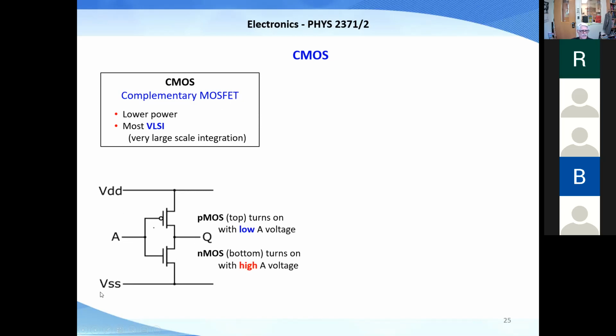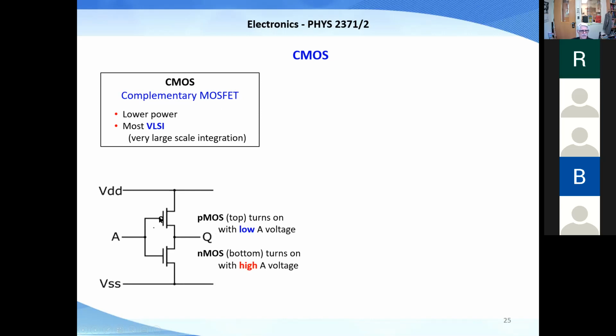And here's how the complementary part works. You have a voltage here and a drain and a source here, and you have some input here and some output here. You make two different types of FETs or MOSFETs. One is called a P-type and one is called an N-type.